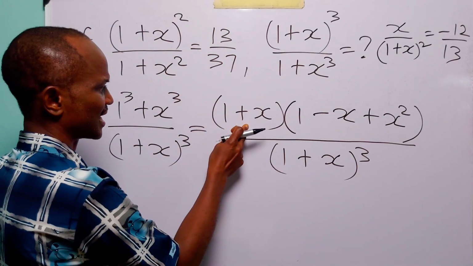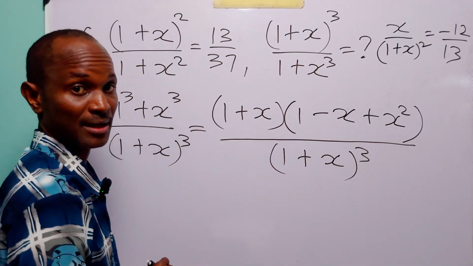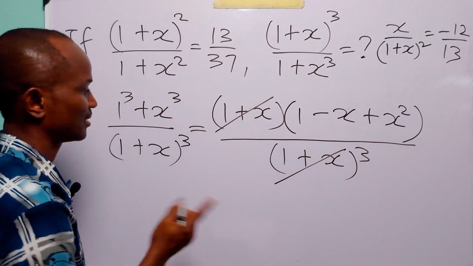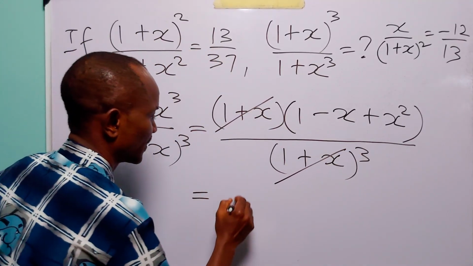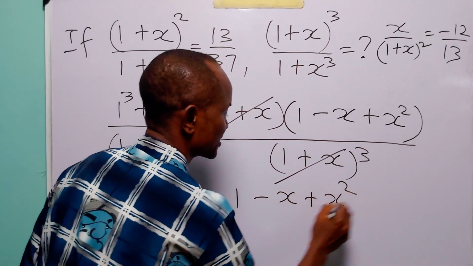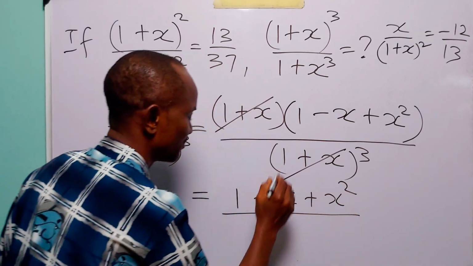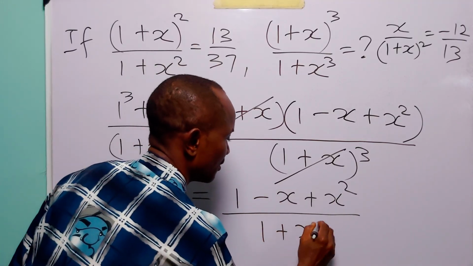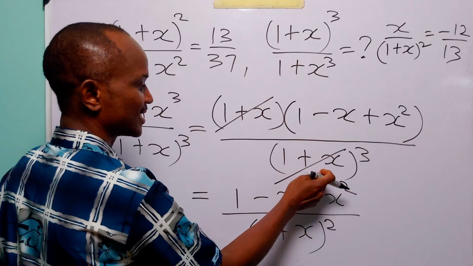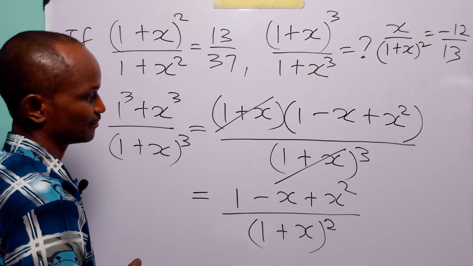Now we have 1 + x here and (1 + x)³ here. This is going to take 1 of that, leaving us with 1 − x + x² divided by (1 + x)², because this has taken one of that.